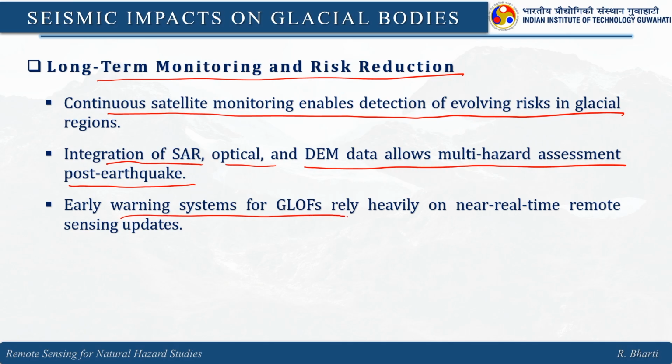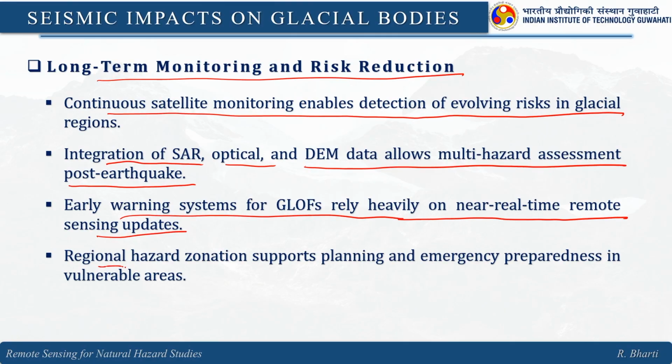Early warning systems for GLOF rely heavily on near real time remote sensing updates, because we are trying to bring all the real time data sets so that our model will be more accurate and it will be predicting the near future hazards. Regional hazard zonation supports planning and emergency preparedness in vulnerable areas.